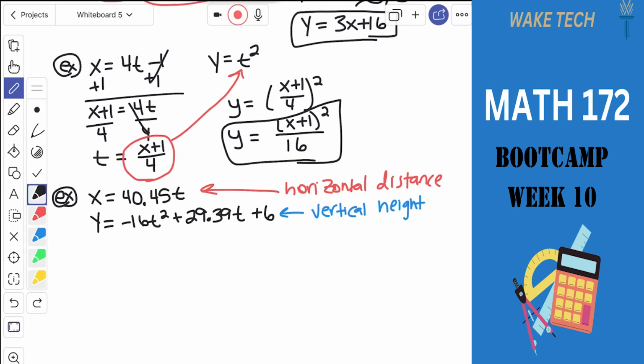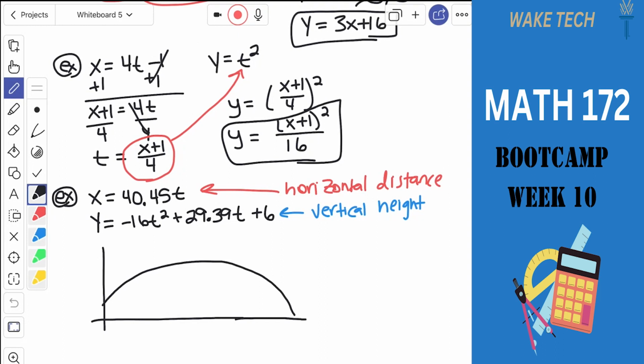So we have this ball. If we were to create a graph, I'm just going to make a really basic sketch, but if we were to create the graph by getting a table of values, it would look something like this. It would be a parabola. And so we have these 6 questions underneath we can answer by using skills that you learned before getting into 172.